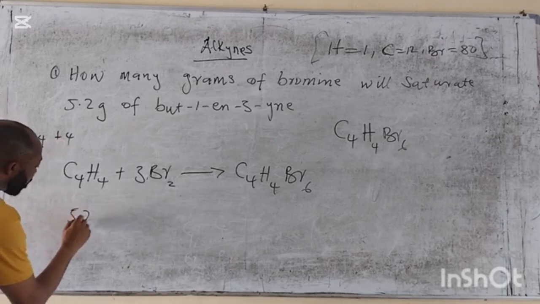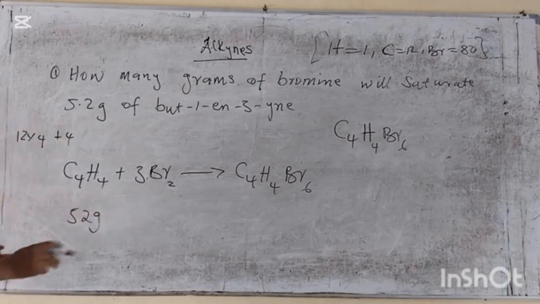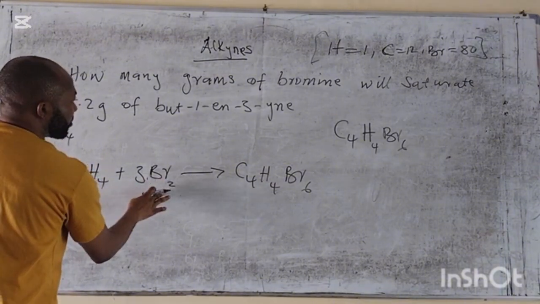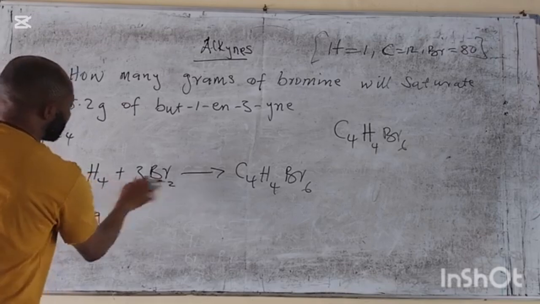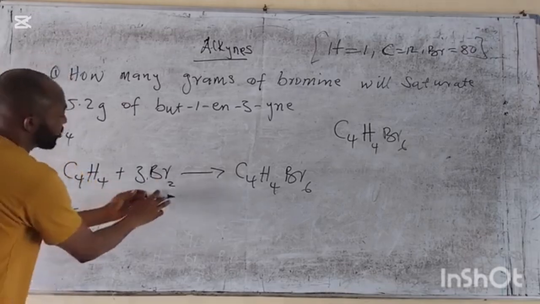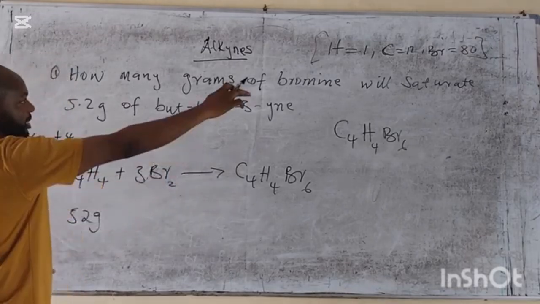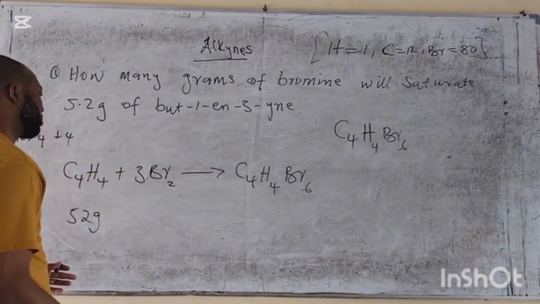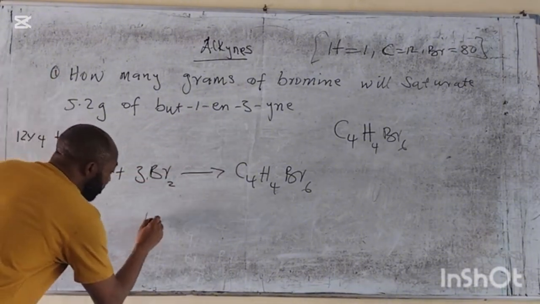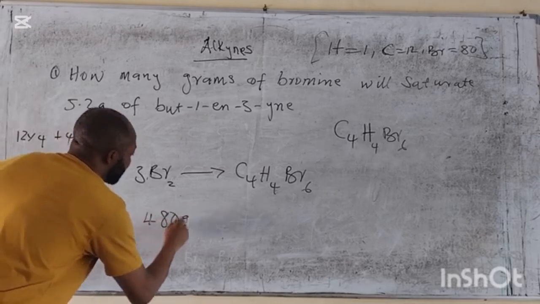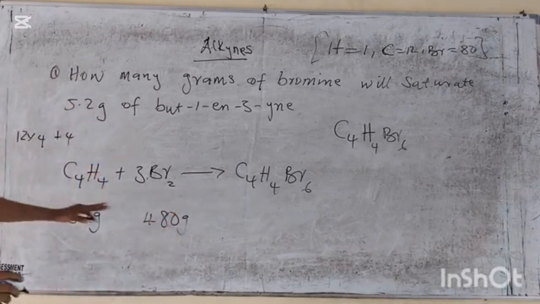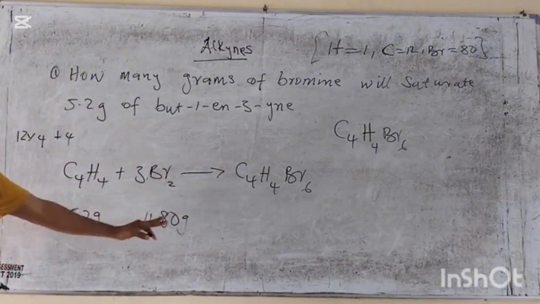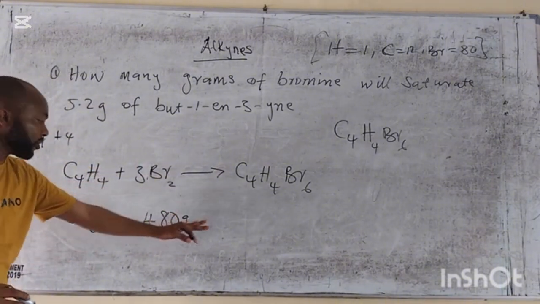So 52 grams of this will give me, bromine is 80, 80 times 6, 480 grams. Now this is the relative molecular mass of this. 52 grams of this gives me 480 grams of this.